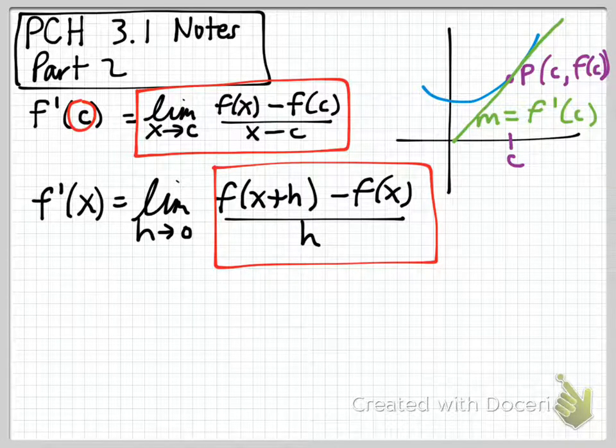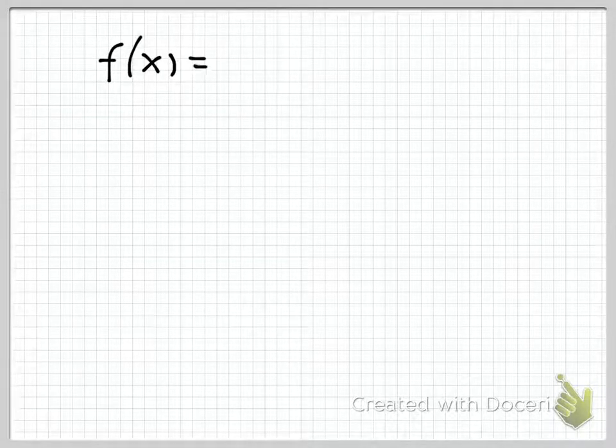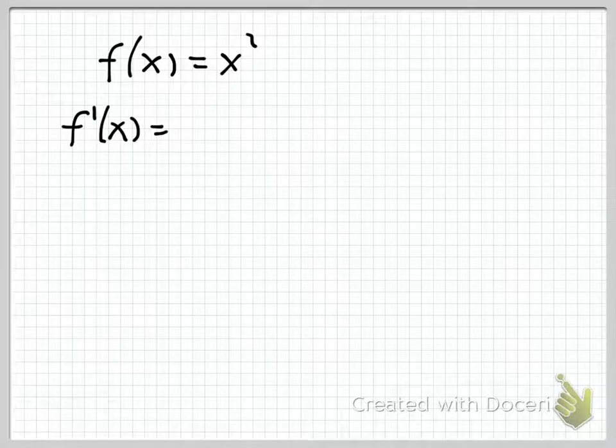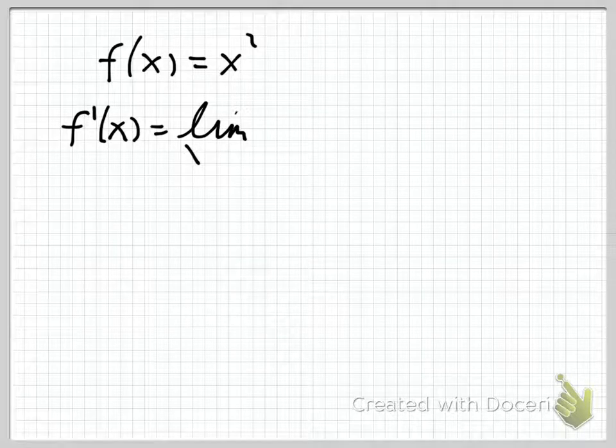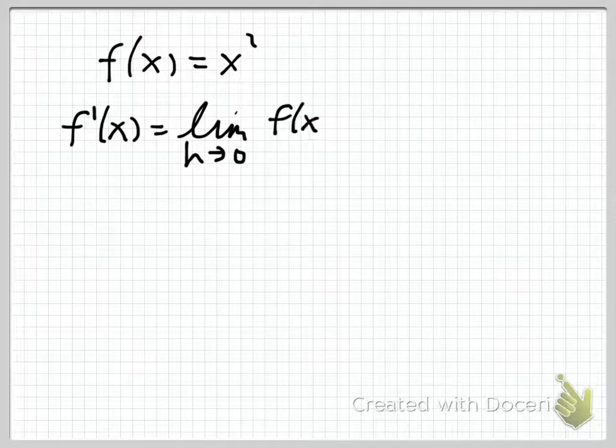So let's go ahead and do that, and let's use the same functions that we were talking about the other day. Let's try to use this same concept with f of x equaling x squared. So we know that f prime of x is, again, the limit as h approaches 0 of f of x plus h minus f of x over h.